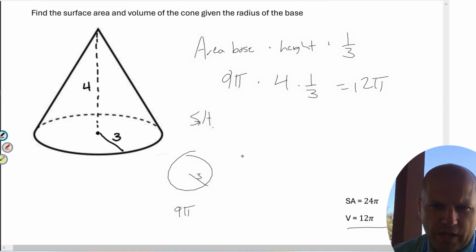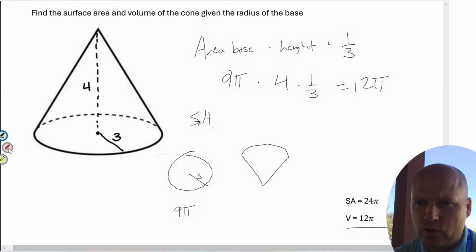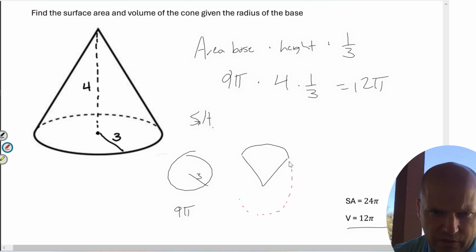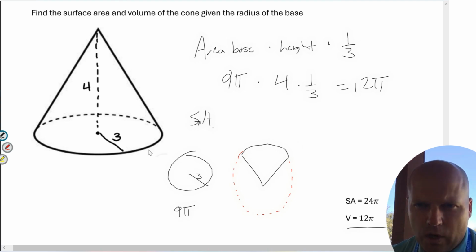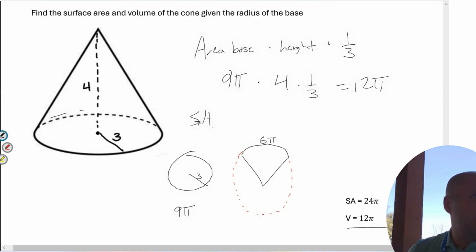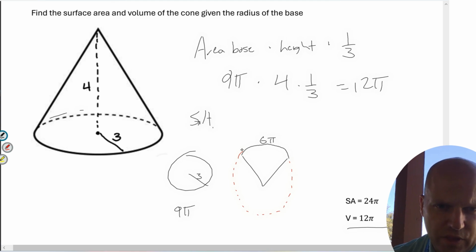But when I unroll this, it becomes this portion of a new circle, which I'm going to keep going around to understand. And what are the characteristics of this net? Well, as we unroll this top part of the cone, we can see that the circumference of this circle becomes this arc length, which is 6 pi.